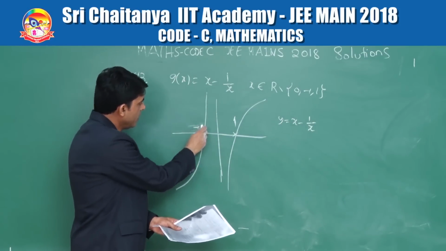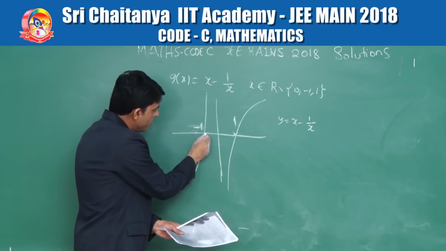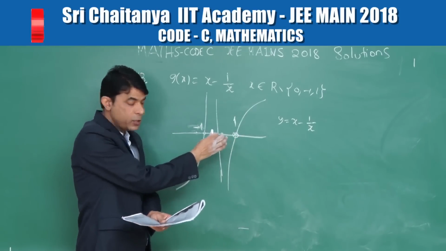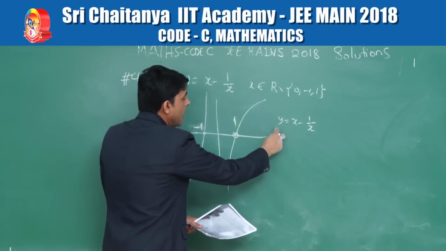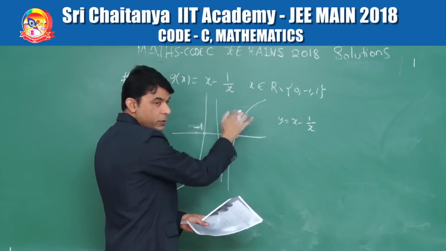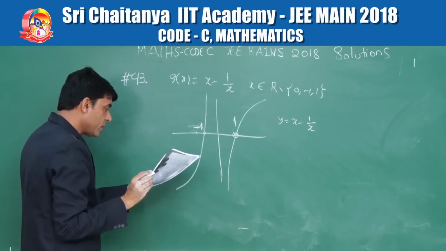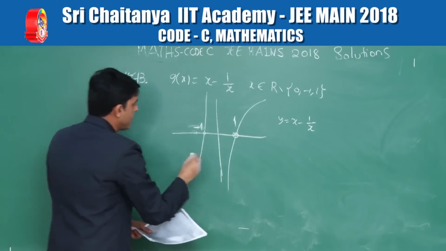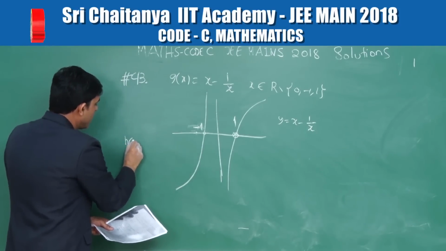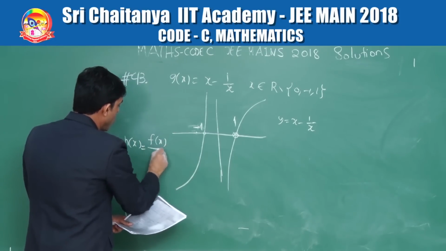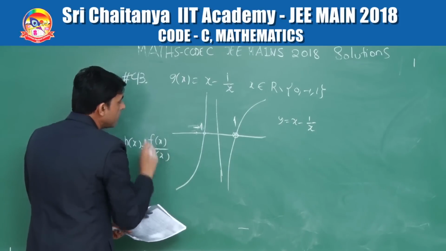As you can see, this point minus 1 and 1 we don't want. That does not matter much. So this x minus 1 by x takes all the values except 0. Now to answer the question, let's write h of x. H of x is f of x over g of x.